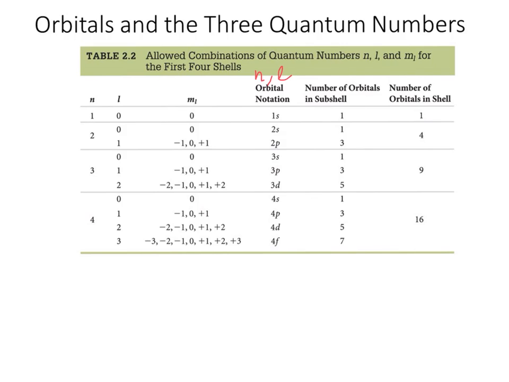Then you have the number of orbitals, and that's your number of m sub L values. And this is in the subshell. This is the number of orbitals in the energy level. They say shell or think energy level.